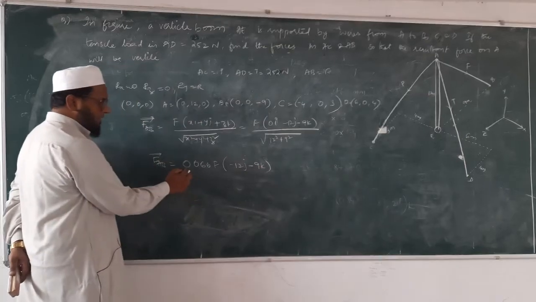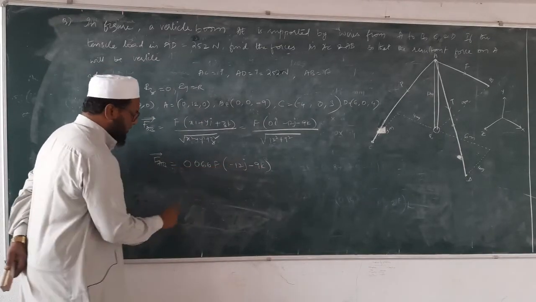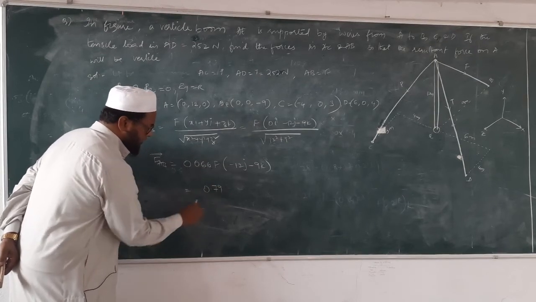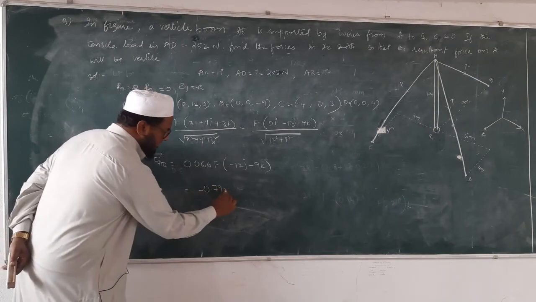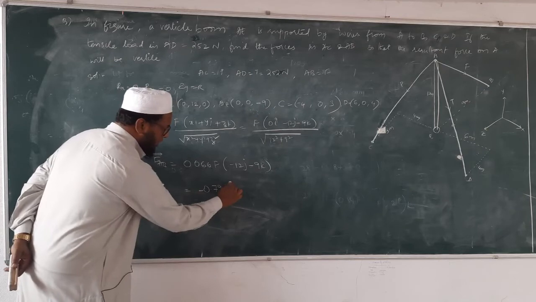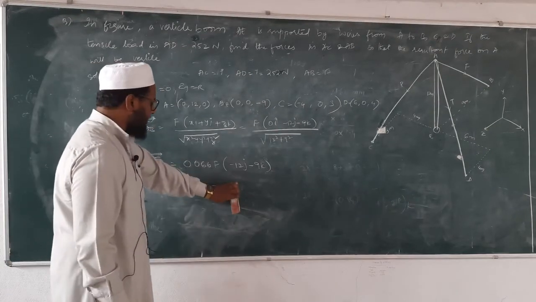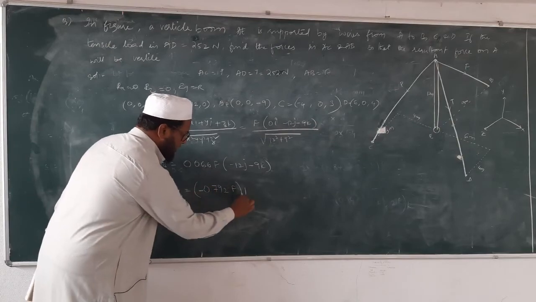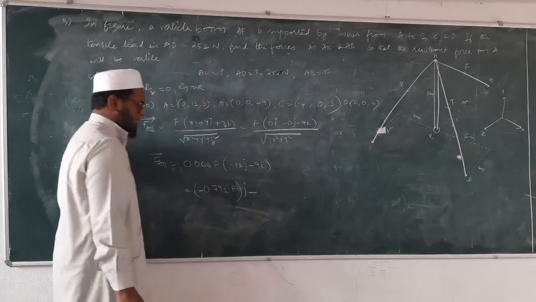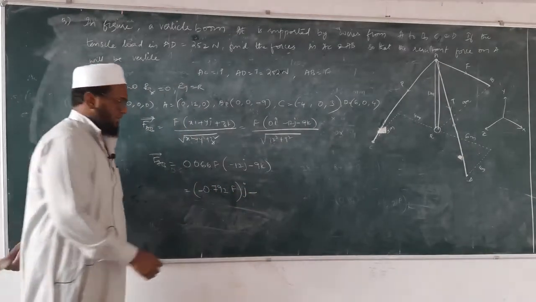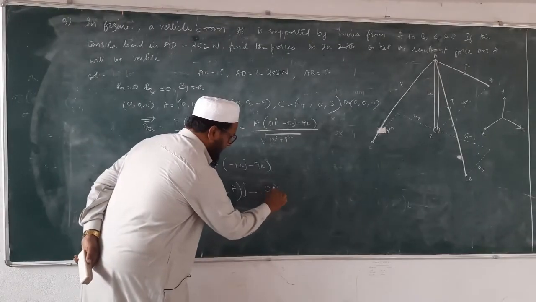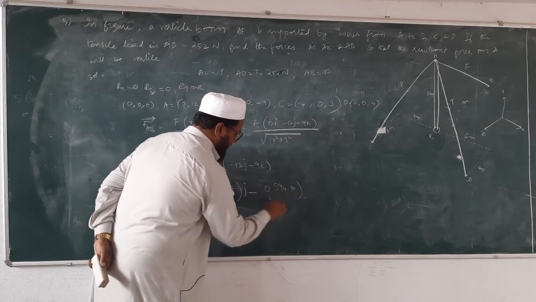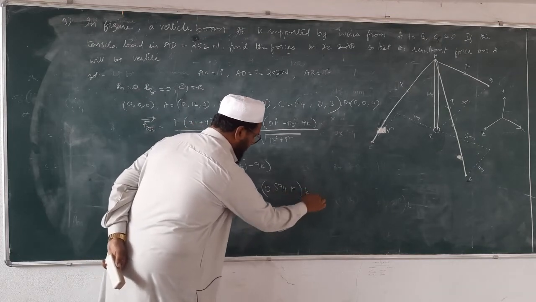Now you multiply the 0.066 into 12. 0.792, minus, right? 0.792 F into j, minus 0.594 F into k, right?